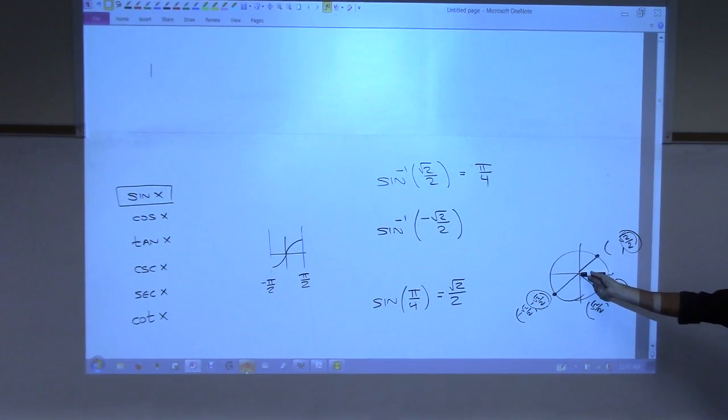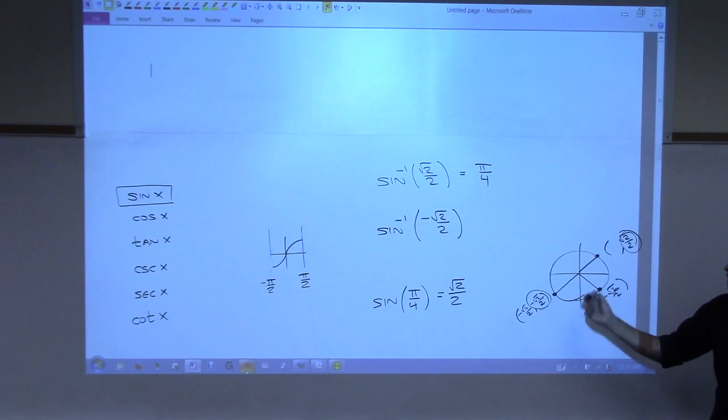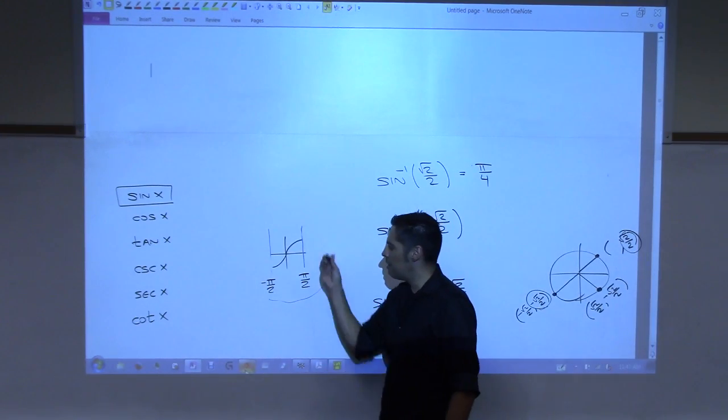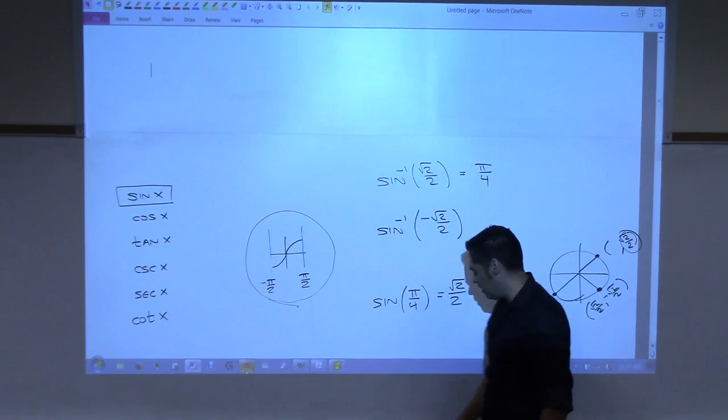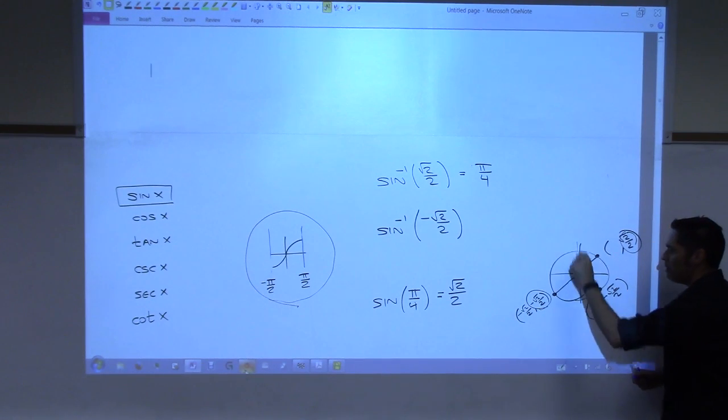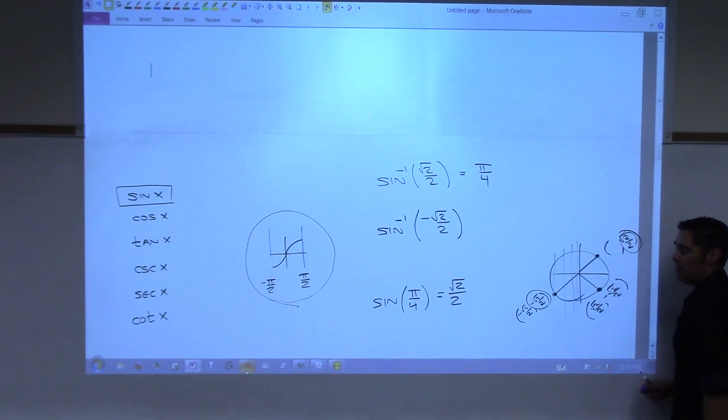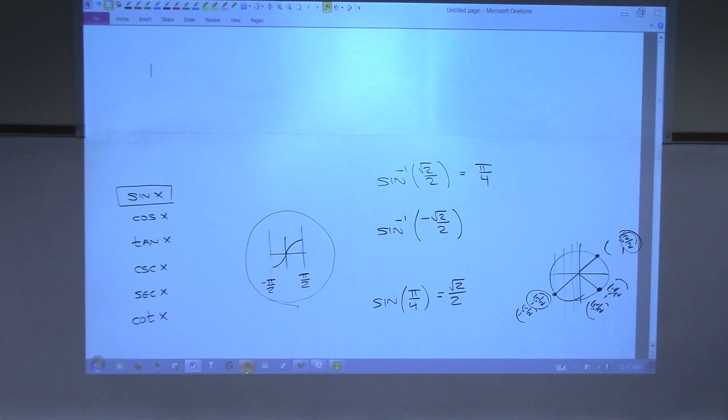Look, this is 0 degrees, right? Pi over 2 is straight up. Negative pi over 2 is straight down. When we cut this thing between negative pi over 2 and pi over 2, that means automatically you're not allowed to look over here at all. Okay? You can't look over there, because you're talking about an inverse sine function. That means it has to be this one.